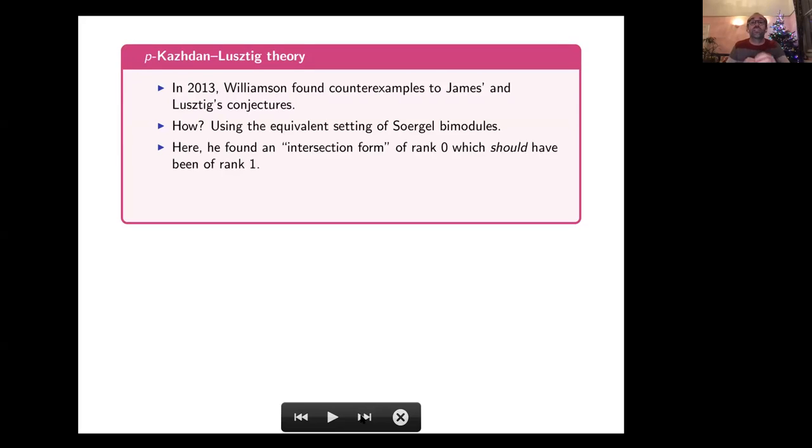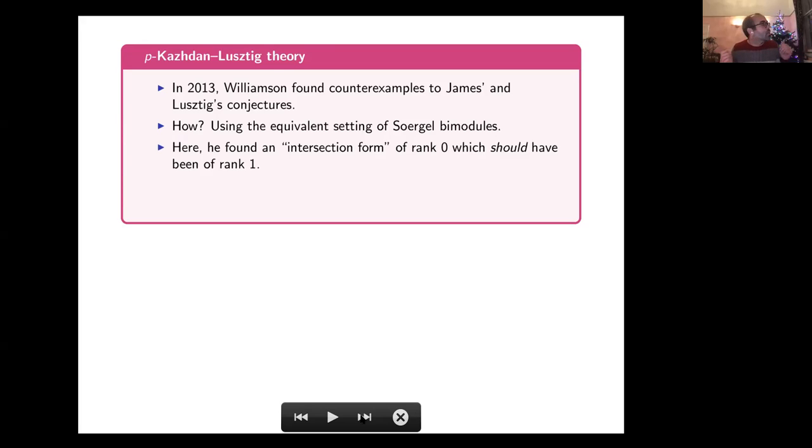This setting is much more efficient for computation. The examples you have to go to in order to find these counterexamples have huge ranks, and you'd never be able to cook this up within the symmetric group itself.